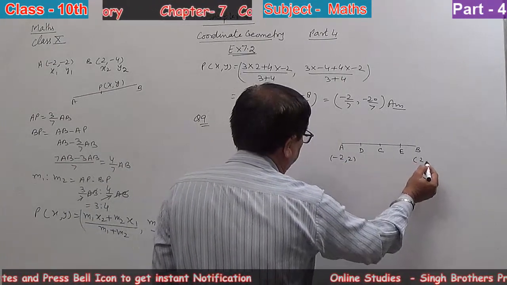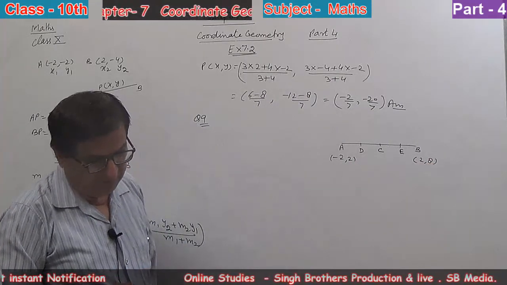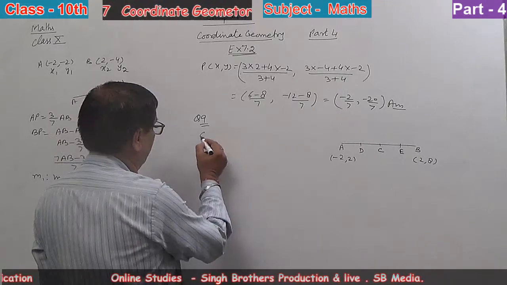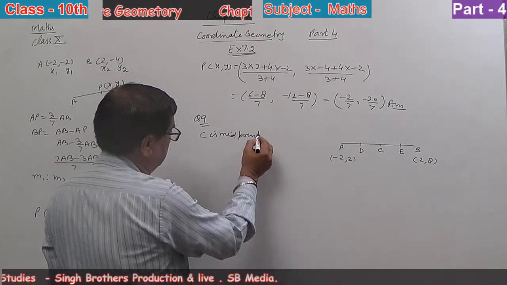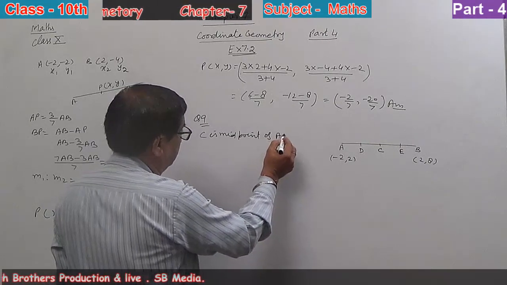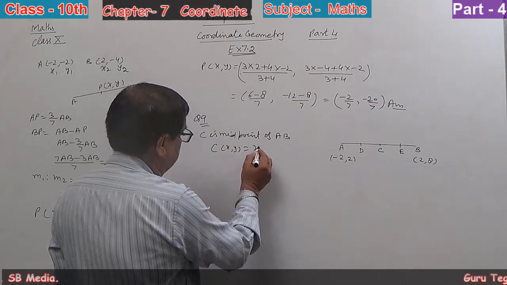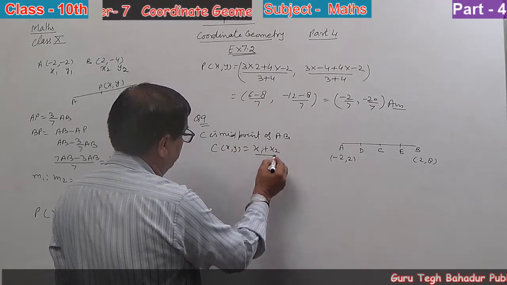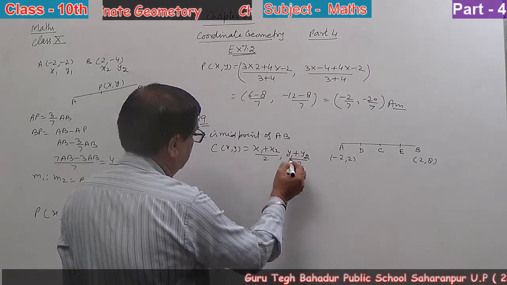B is given to you as (2, 8). Find the coordinates of the points. C is the midpoint of AB. So C(x, y) is (x1 plus x2) upon 2, (y1 plus y2) upon 2.